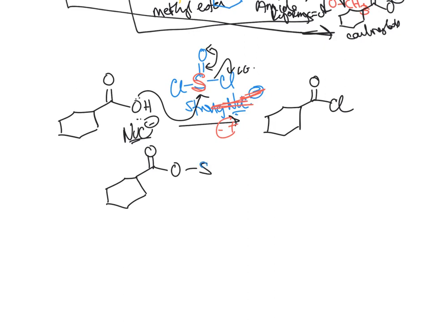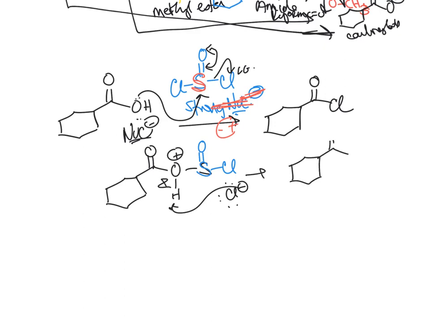And then what happened to this hydrogen? Well, you've got the Cl hanging out, right? And it'll just deprotonate that. So your intermediate is this thionyl activated ester. And this is the sulfur.